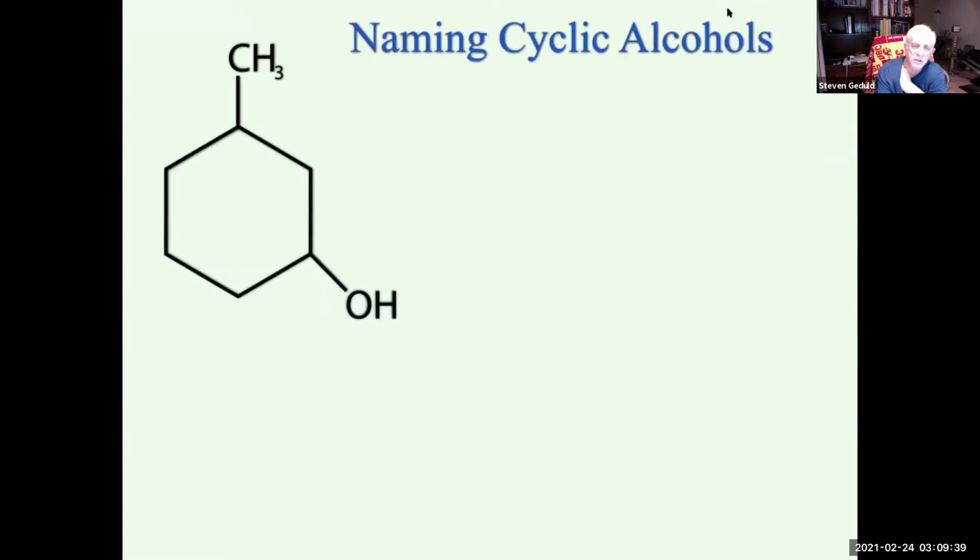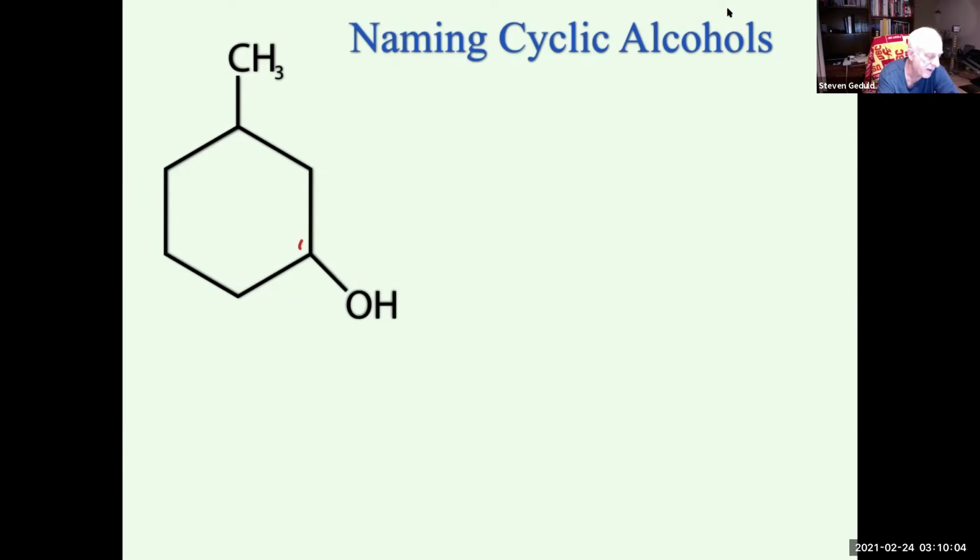All right, cyclical alcohols. Okay. So now we're going to name the cyclical compound. Remember, OH gets the number 1 position. Okay, there's our 1 position. So now, are we going to go 1, 2, 3, 4?